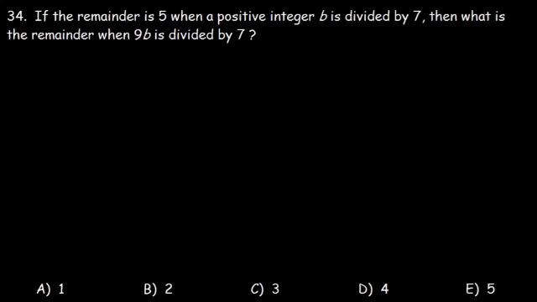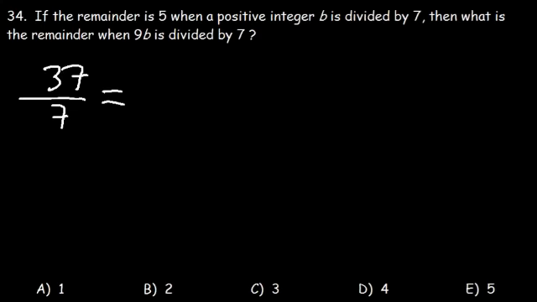34. If the remainder is 5 when a positive integer b is divided by 7, then what is the remainder when 9b is divided by 7? So before we solve this problem, let's go over an example situation. So let's say if we wanted to divide 37 by 7.